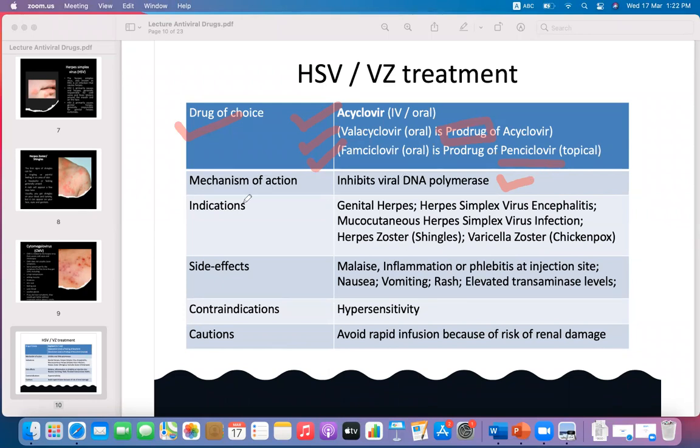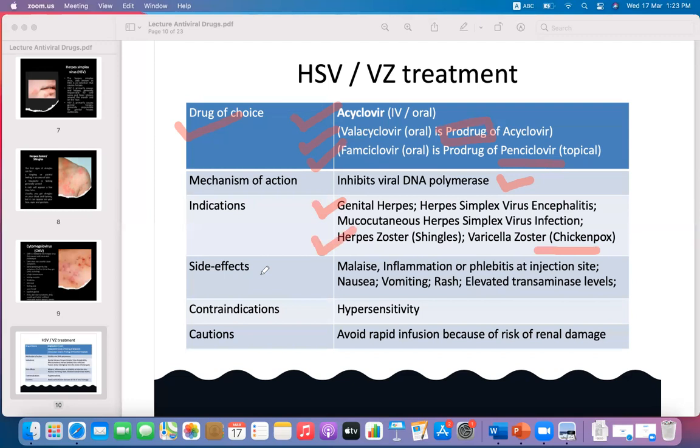Indications, where acyclovir is used: in the treatment of genital herpes, herpes simplex virus encephalitis, mucocutaneous herpes simplex virus infections, herpes zoster, and varicella zoster, which is also known as chickenpox.